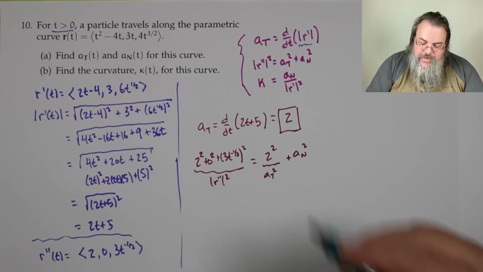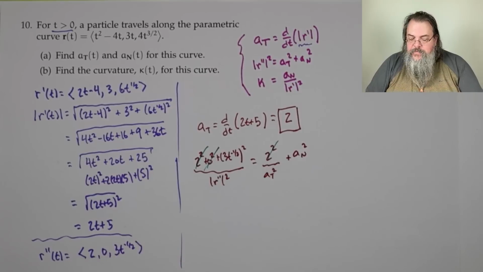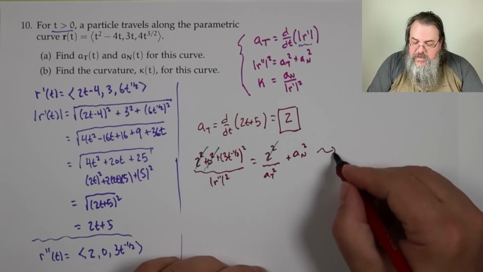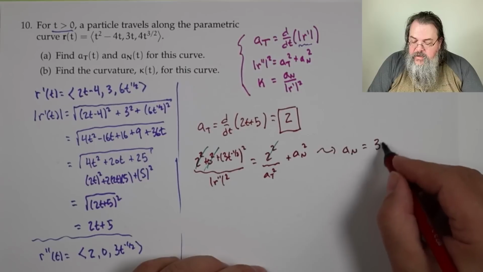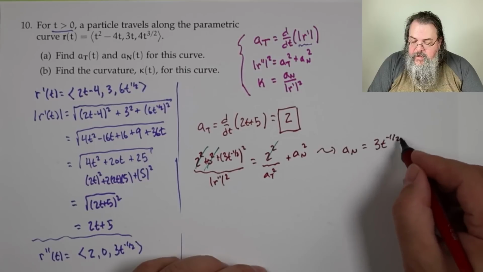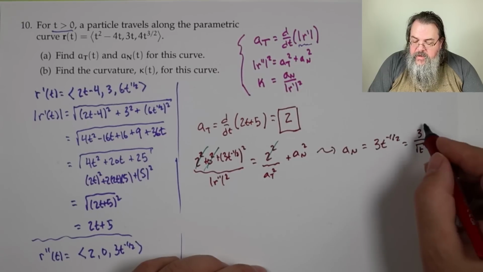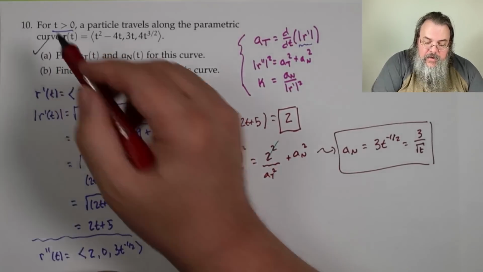The 2 squareds cancel, and the 0 squared is gone. So a sub n, taking the square root of both sides, is 3t to the minus 1/2, or 3 over the square root of t. Now we're done with part A.